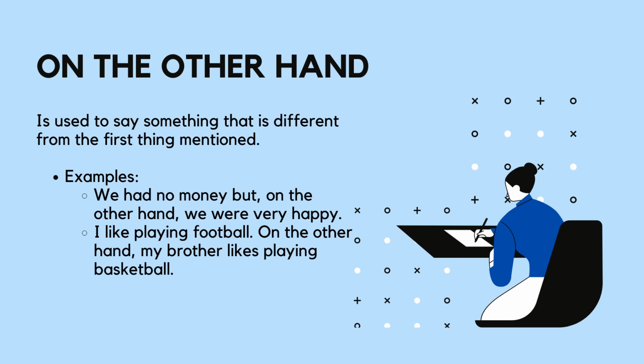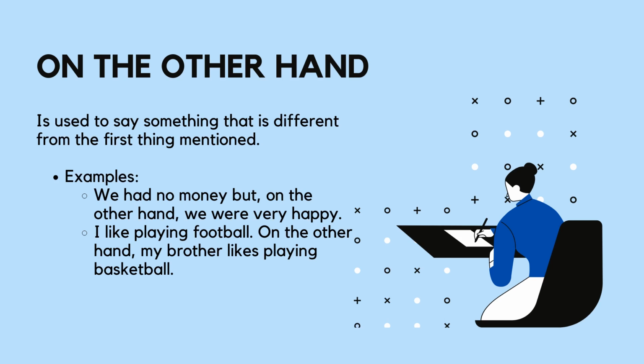And the second one is, I like playing football. On the other hand, my brother likes playing basketball. You might have noticed that in both the examples, the sentence written after on the other hand is totally different than the one mentioned before it. Here also, we have the comma after writing on the other hand.